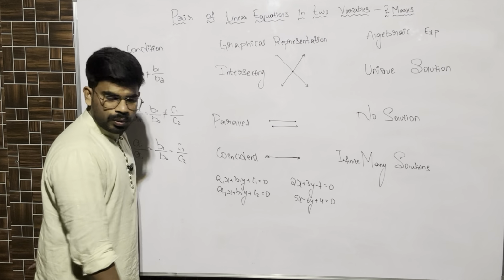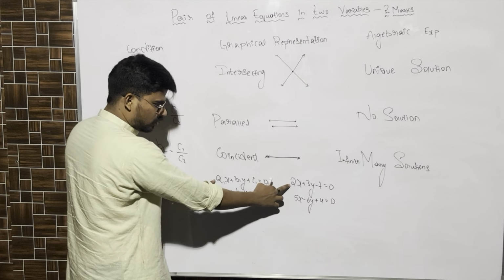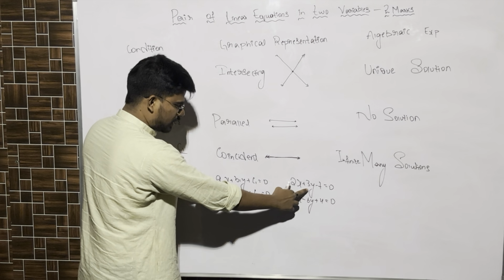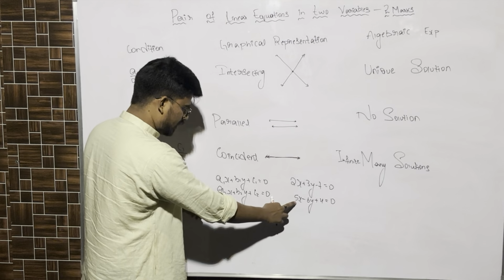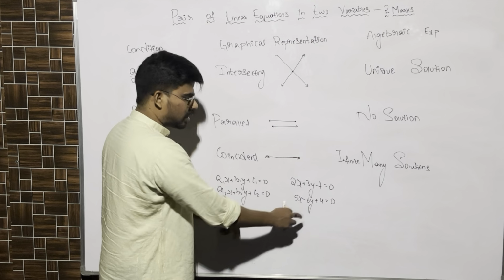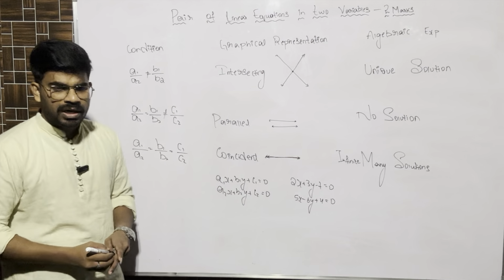So these are the two lines. From the first line, the coefficient of x is nothing but A1. A1 is 2, B1 is 3, C1 is minus 7, A2 is 5, B2 is minus 6, C2 is 4.